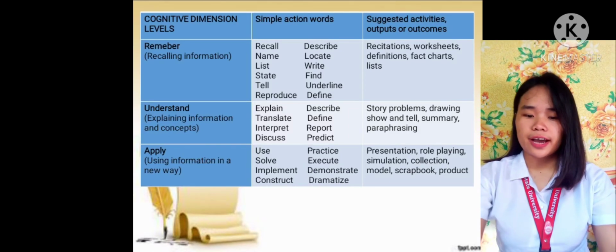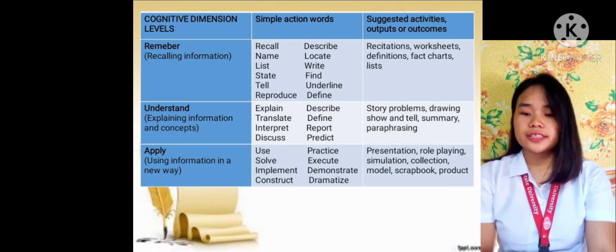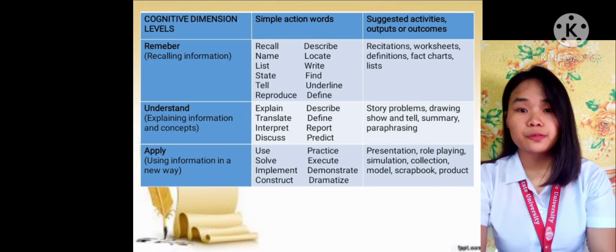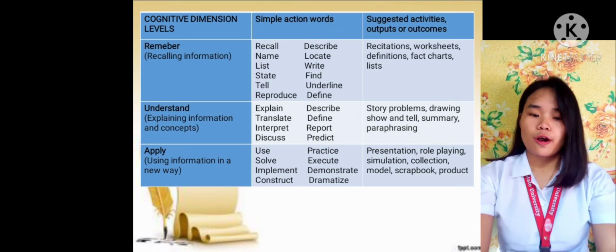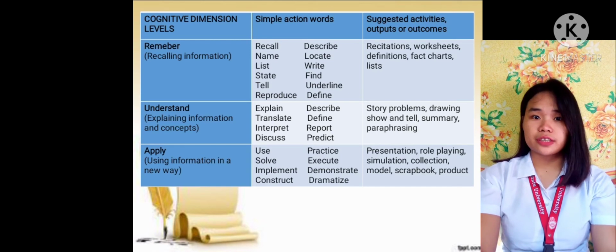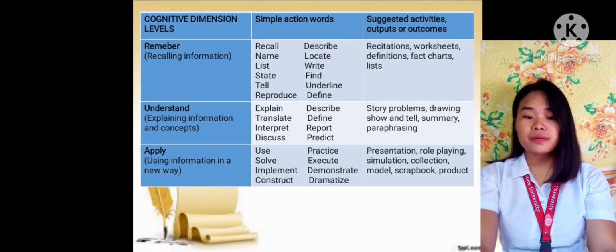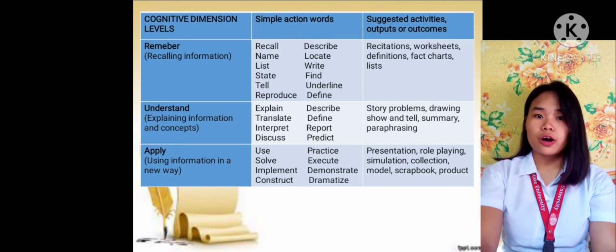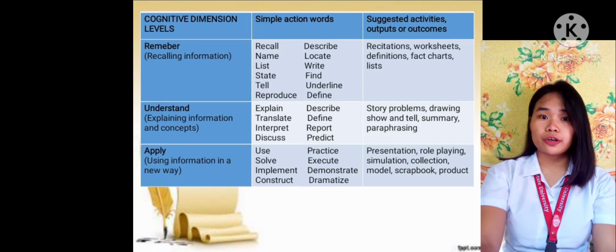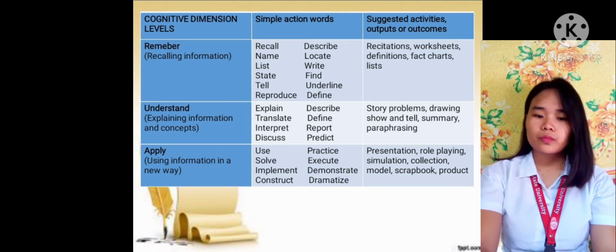So here are the simple action words and suggested activities, outputs, or outcomes for the cognitive dimension levels. The first one is remember. Remember is recalling information. You will recall the information that you know.